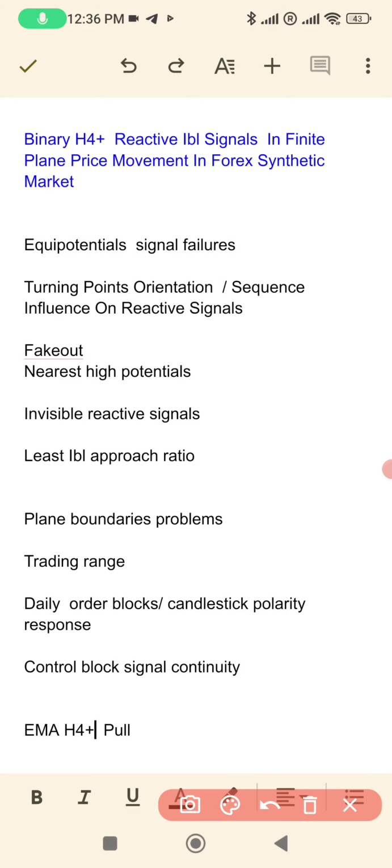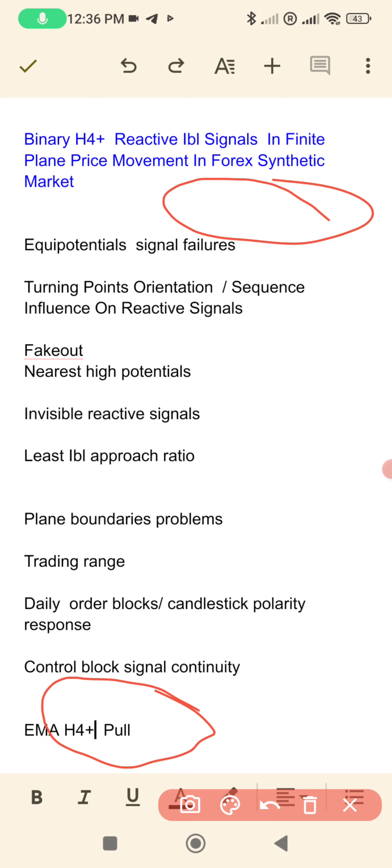Now, in part 1 of this series we discussed reactive signal in an uptrend market. So right now we shall be discussing this in a downtrend market. We have a source there and a diagonal sink, and then a hypothetical plane in which the boundaries of this plane are parallel.